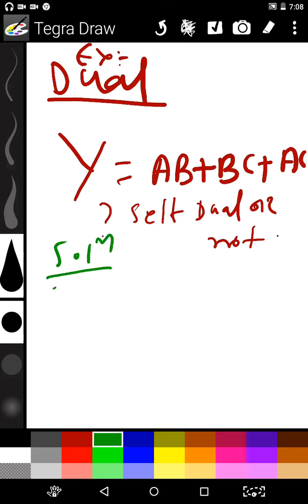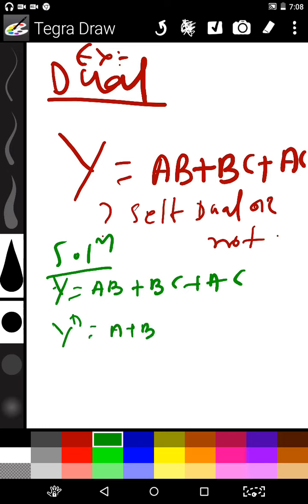Given y equal to ab plus bc plus ac, the dual form will be a plus b dot b plus c dot a plus c.